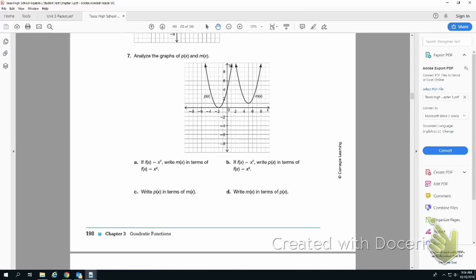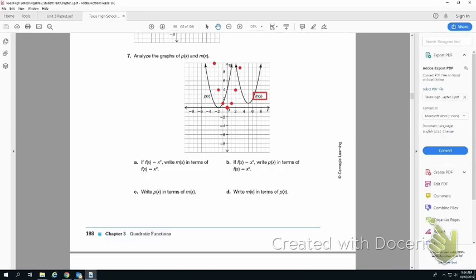Okay, let's go down here. Now, we're going to write these equations in reference to the parent function, which I'm just going to put up here with the red dots. So the first one we're going to do is m of x, which is this one.